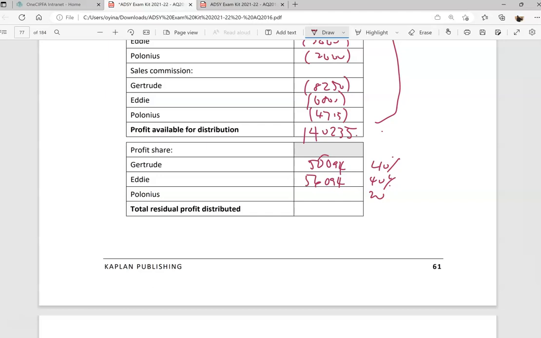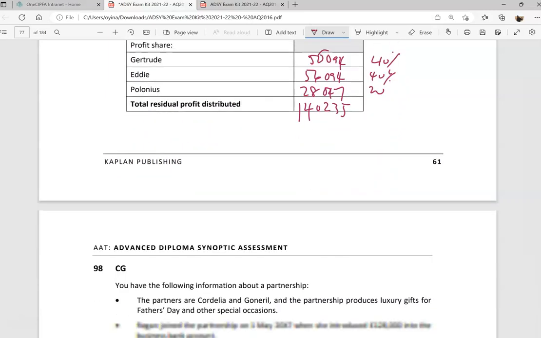And of course the difference from that is 28,047, right? And that's 142,355, right? And that's how you have that. Cool, great stuff. And that is question 97.